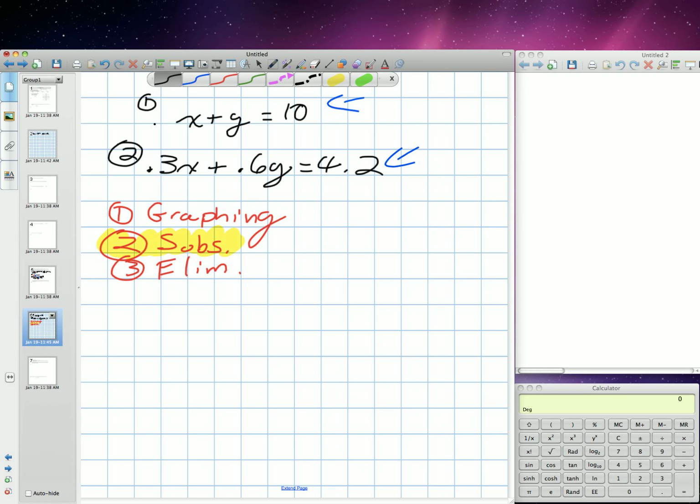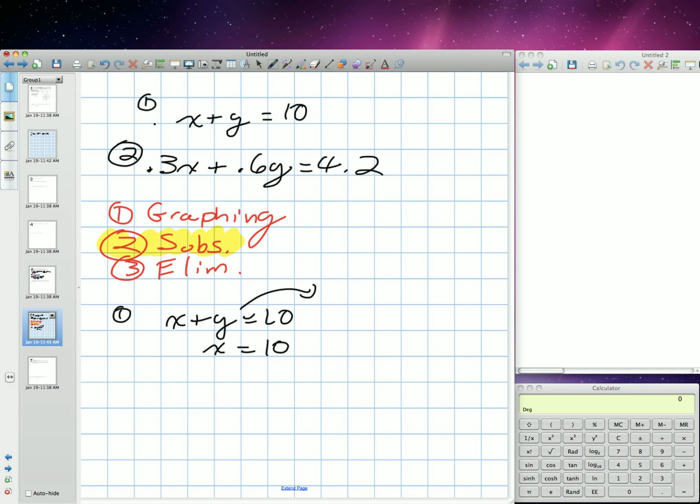When I move y to the other side, x equals 10 minus y. Very simple. So now I'm going to put the second equation down here, and this time for x, we're going to replace x with what it was equal to in the first equation.